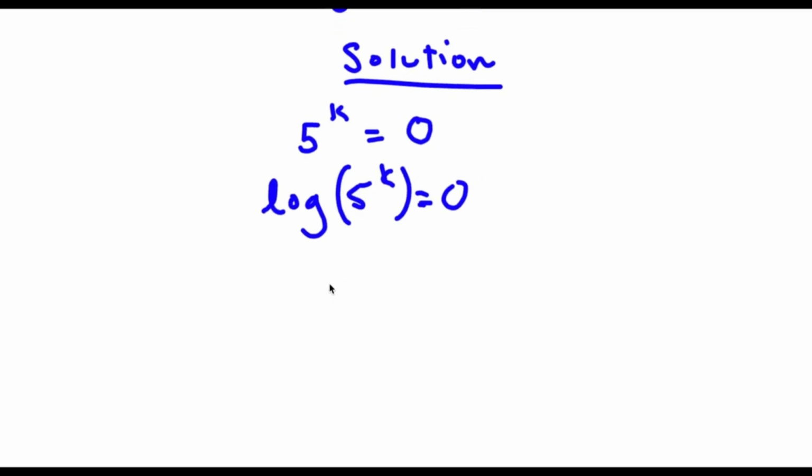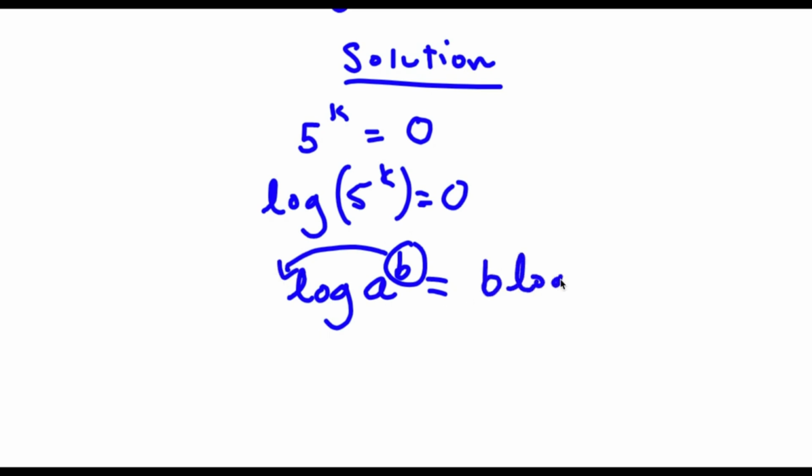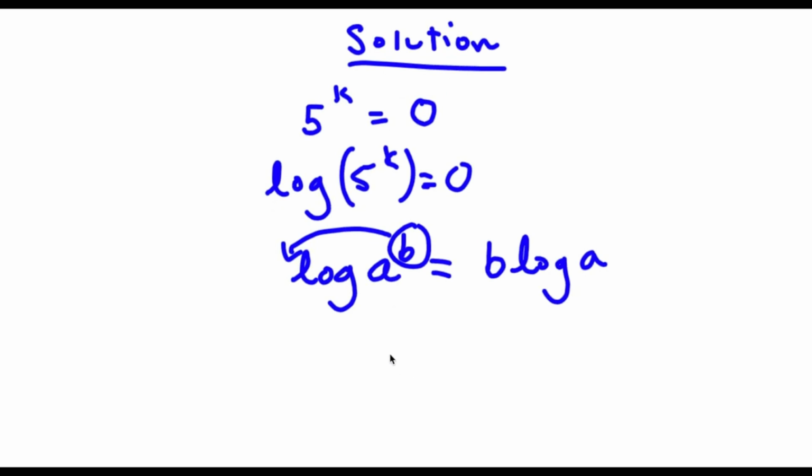Now, an important property of logarithms is that if I have something in the form log a to the power of b, I can actually move this exponent b to the front of the logarithm. So this would be equal to b times log a. And what is actually so useful about this property is, let's say we have 7 to the power of x is equal to 9, right?